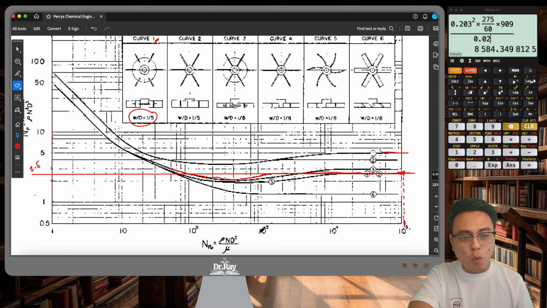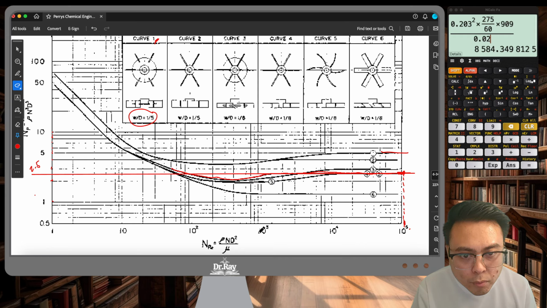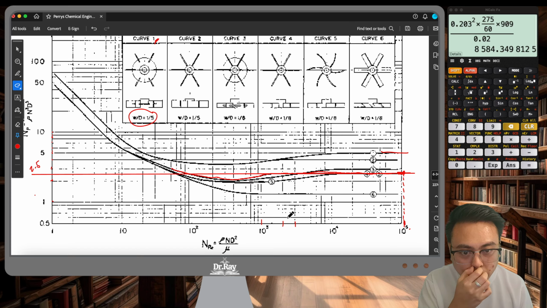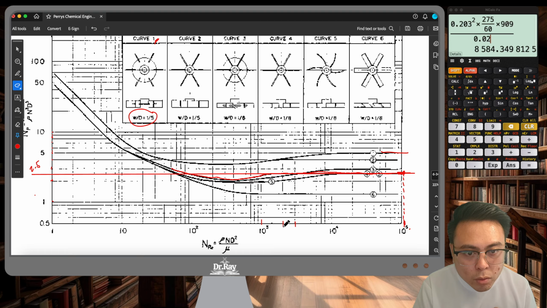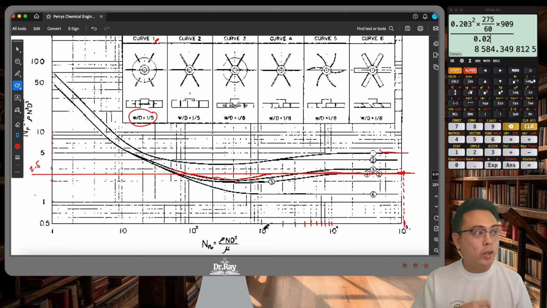This first line right here is 1,000, then 2,000, 3,000, and so on.